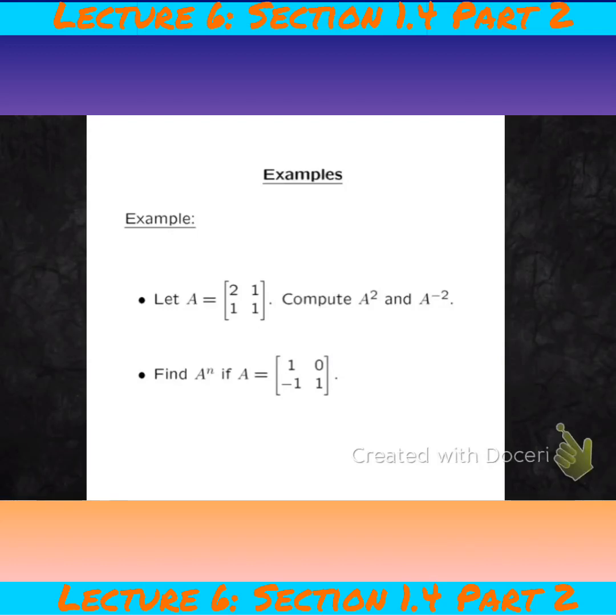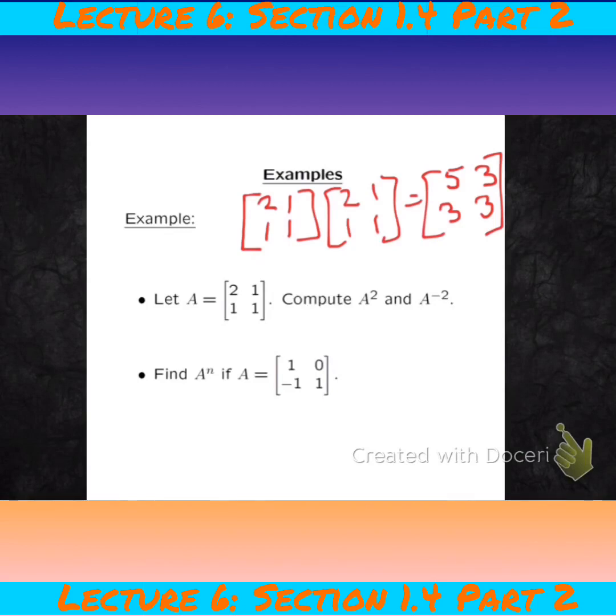Okay, just looking at these 2 examples here, they ask me to quickly calculate A squared. That isn't difficult, it's just the matrix A multiplied with itself, and we already know how to do this. So we'll calculate that the normal way. And then what is A to the power of minus 2?